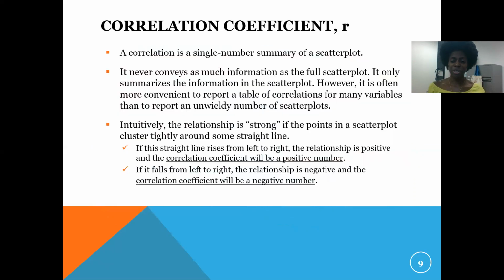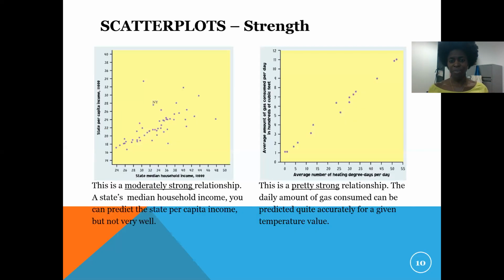And it's in that disagreement that comes this awesome number called the correlation coefficient, or we just say R. Because there are instances where everyone in the room is looking at this graph and we go, nope, that's a weak relationship.